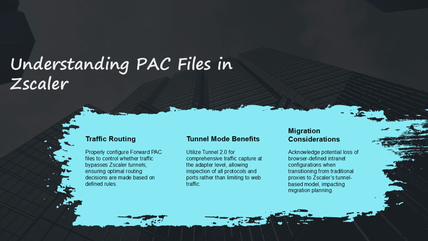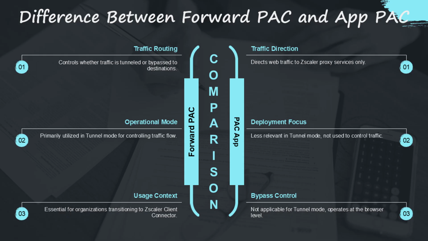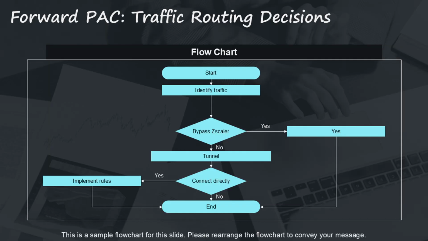Forward PAC files determine whether traffic should be routed through Zscaler tunnels or bypassed to connect directly to destinations. In tunnel mode, the forward PAC is the primary mechanism for controlling traffic routing. This file contains rules that specify which traffic should bypass Zscaler Client Connector and which should be tunneled to the Zscaler service edge.